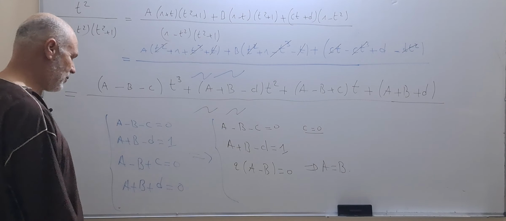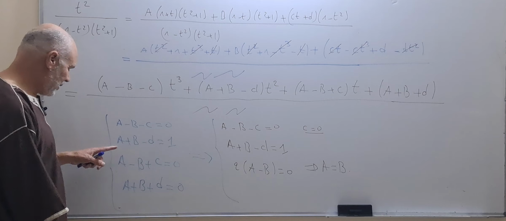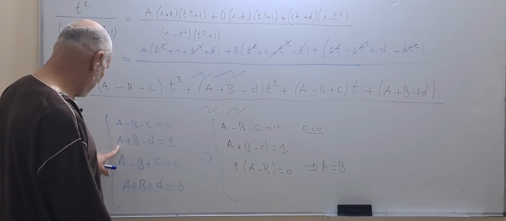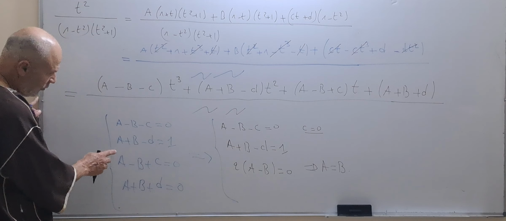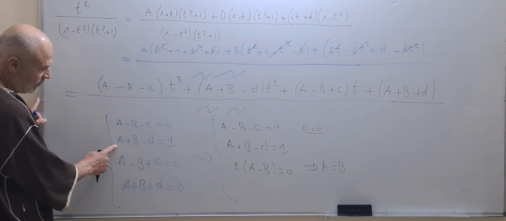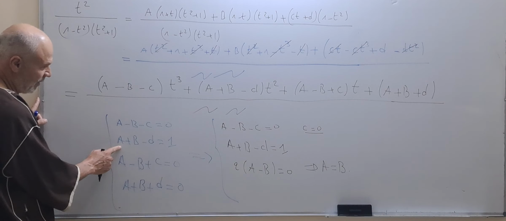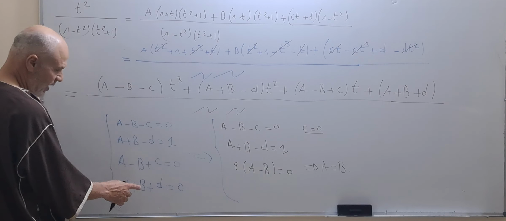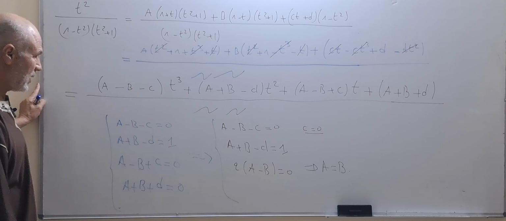C equal to 0, A equal to B. Here we have 2A equal 1 and 2A equal to 0.